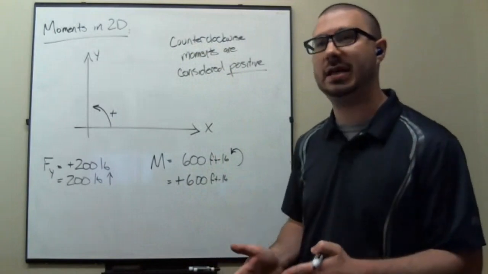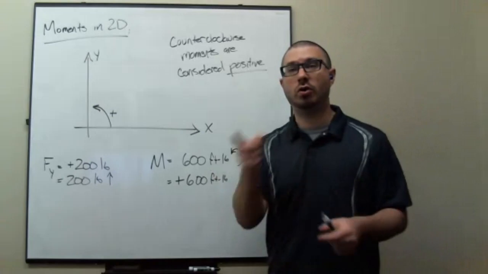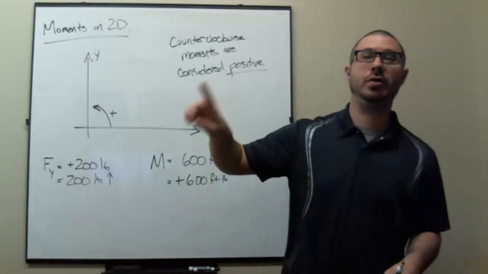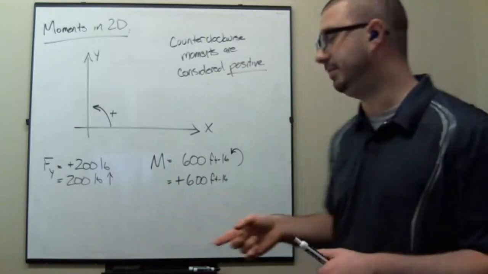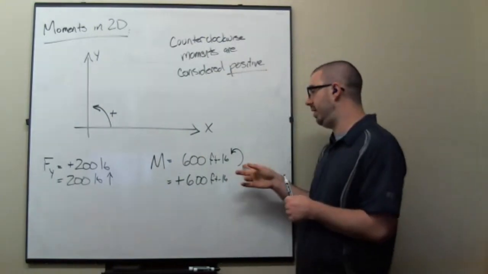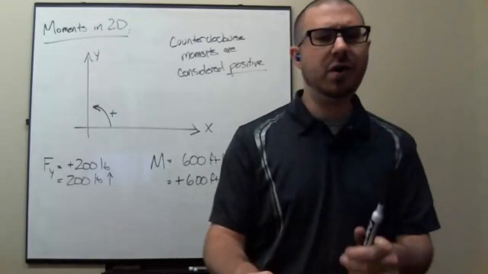So forces are going to act either up and down or left and right. Moments are going to rotate. They're going to rotate either clockwise or counterclockwise. So whenever we express a moment, it's either going to be clockwise or counterclockwise, or positive or negative.